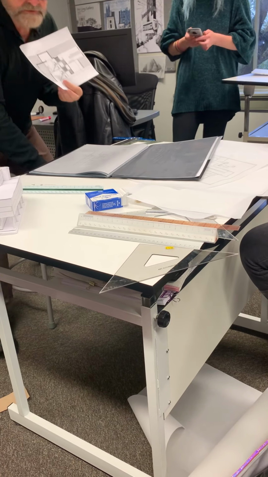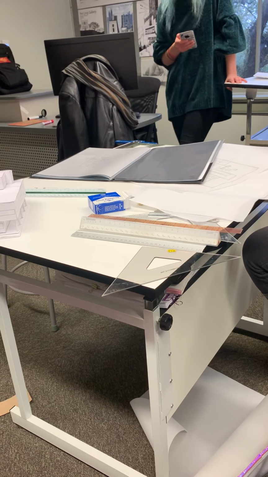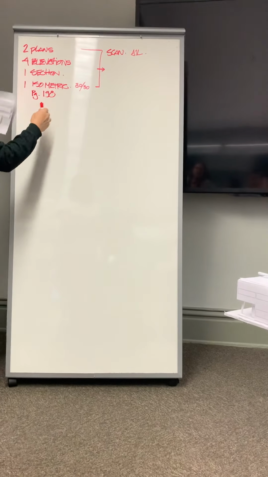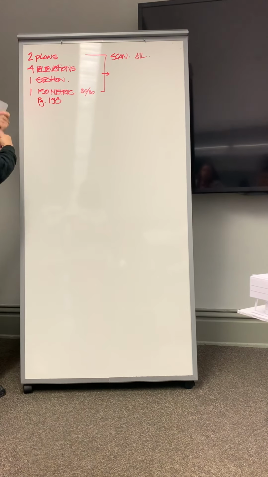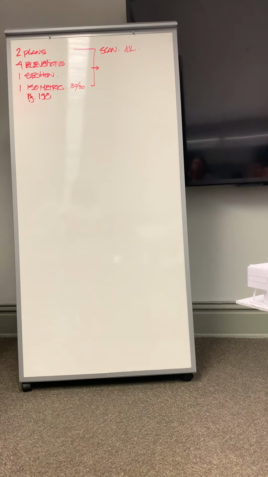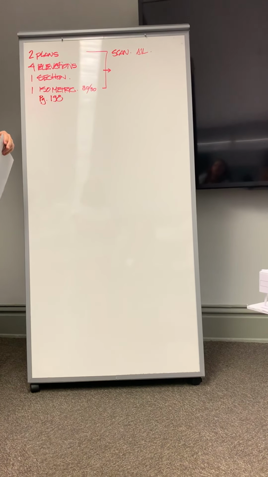Okay, so I'm gonna write a couple things up here. So in your section, you have something where it's all blackened in, where you blacken in the walls so that you can understand what is cut.